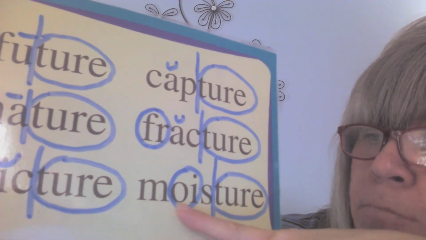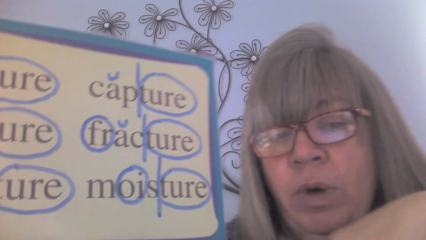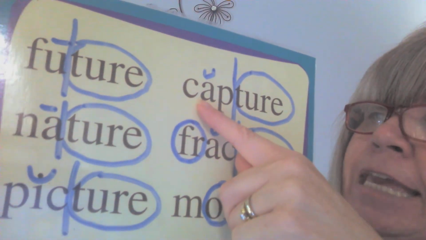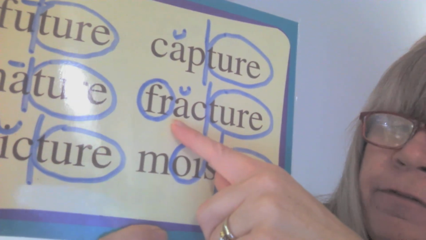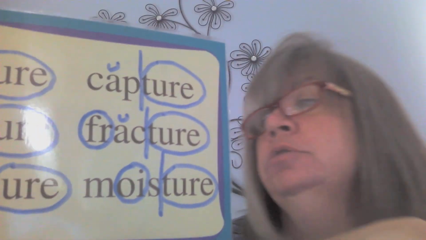Moisture, moisture. When a sponge is wet, you can say it has moisture in it. Let's read those words from the top. Ready? Capture, fracture, moisture. Good job. So that's our new sound for today. T-U-R-E says ture in pasture.